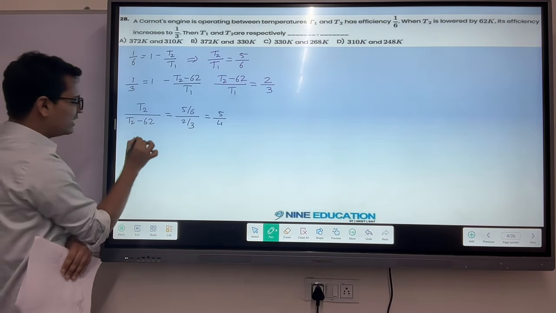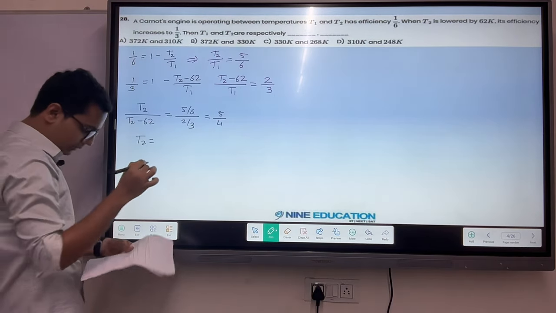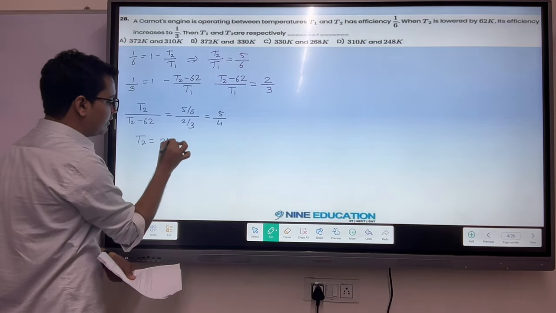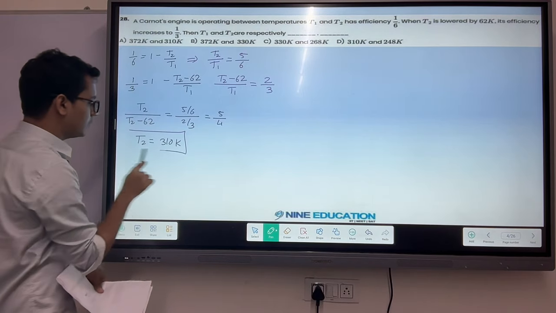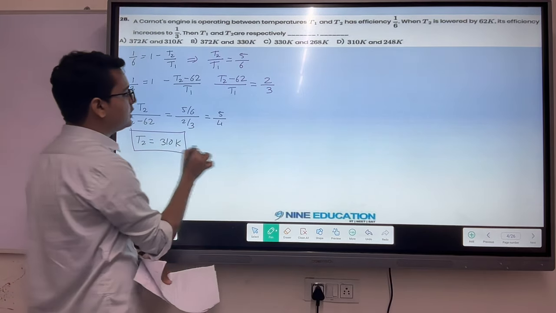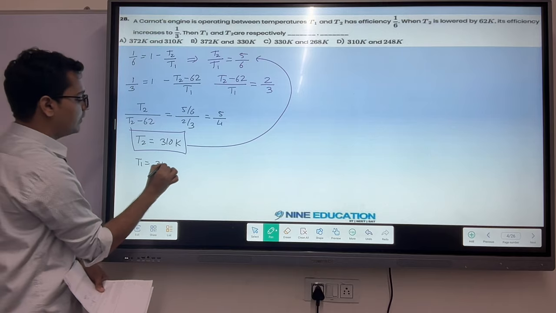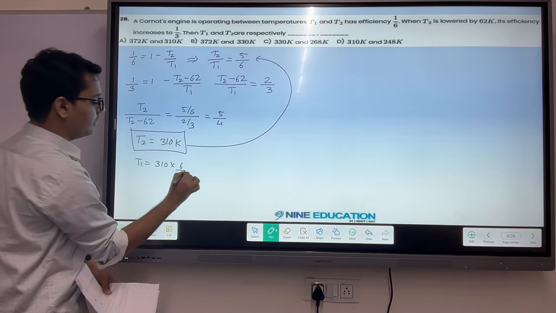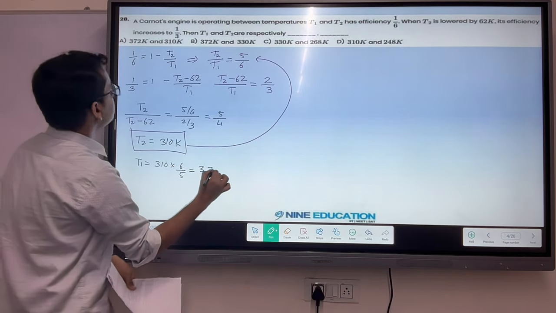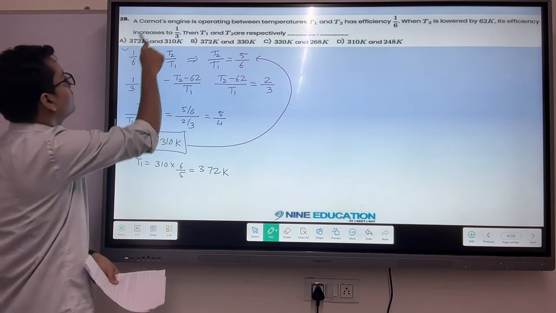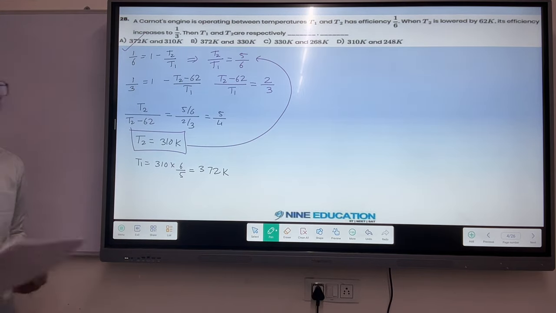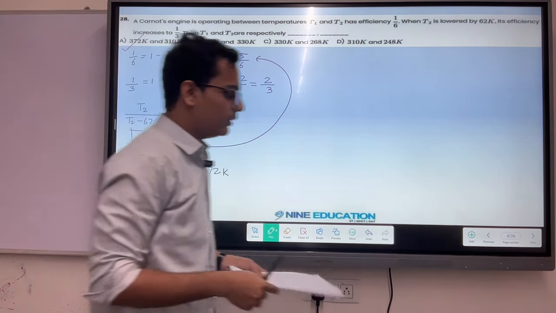Okay. If you solve this, you are going to get T2 equal to 310 Kelvin. And you substitute this T2 value over here, you are going to get T1 as 310 into 6 by 5, which is 372 Kelvin. So the answer is option number A. Simple? Clear?